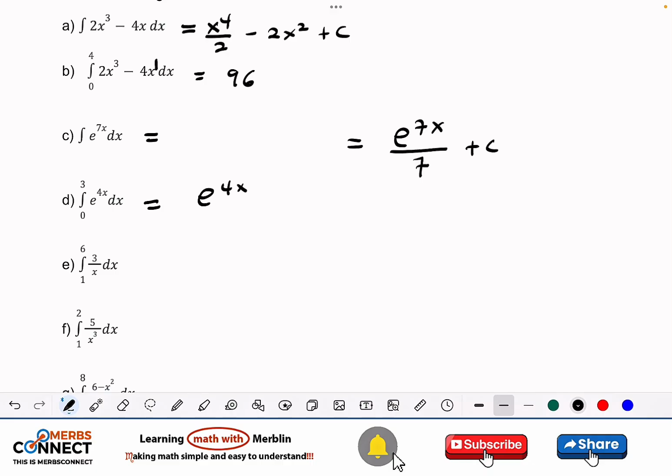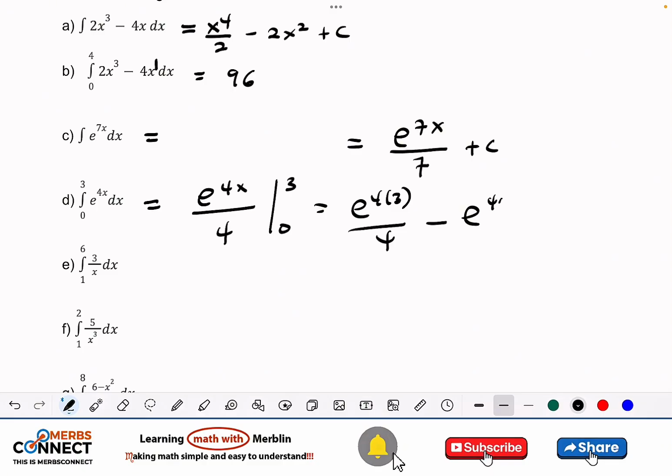Maintain the function divided by the derivative of the top. So we can just do it straight. When I differentiate what is on the top, I'm going to have 4. But this one is definite, so I'm going to have from 0 to 3. Then we plug in 3. So I'm going to have e to the power 4 times 3 divided by 4, minus e to the power 4 times 0 divided by 4.